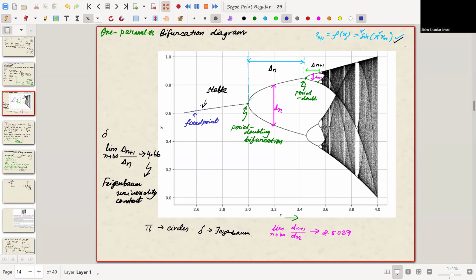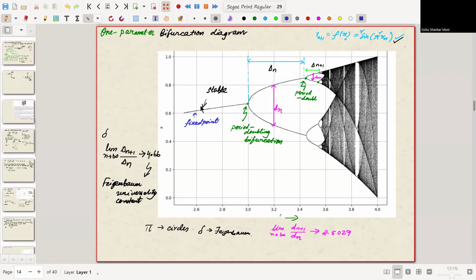It is a stable fixed point. If it is an unstable fixed point, you cannot see this. If you want to locate unstable ones, you have to use sophisticated root finding methods, because stable points you can easily locate.